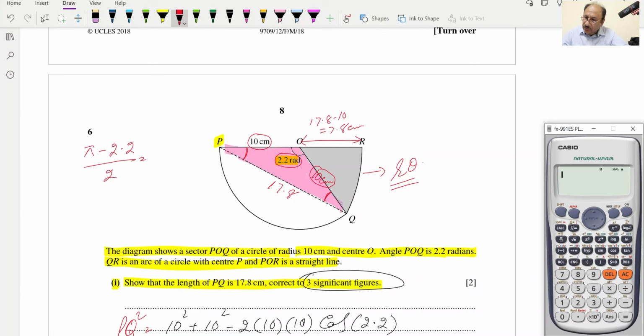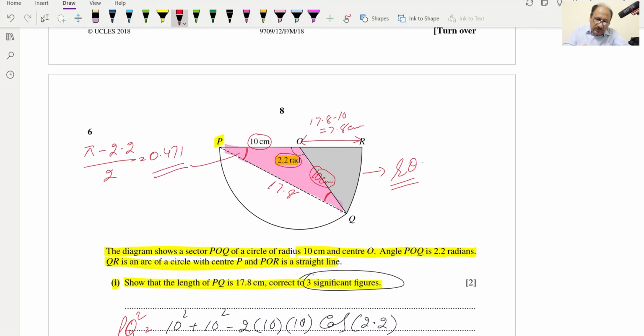So it will be pi and fraction 2, minus 2.2, and this will be equal to 0.4707. So I will write 0.471.